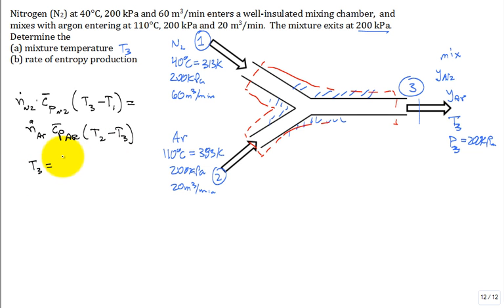It'll be something like the molar flow rate of the nitrogen, the specific heat of the nitrogen, the inlet temperature of the nitrogen, plus the molar flow rate of the argon, the specific heat of the argon, the inlet temperature of the argon, divided by N dot nitrogen, C sub P bar nitrogen, plus N dot argon, C sub P bar argon. Does the algebra look okay? Do I need to pause? Are you with me? Do I have an error? Sometimes I do.